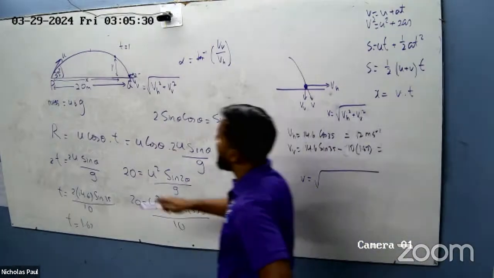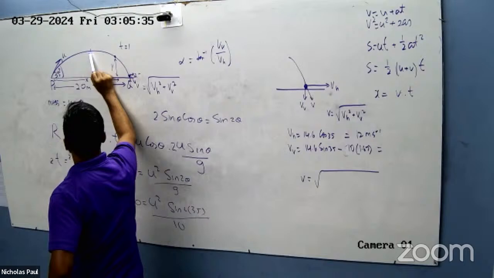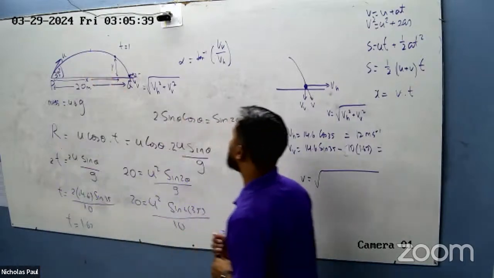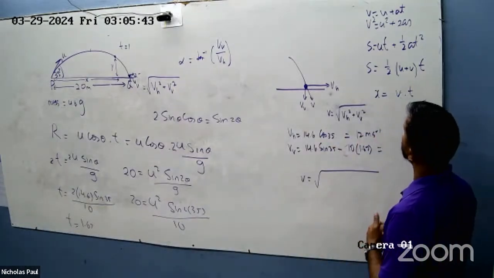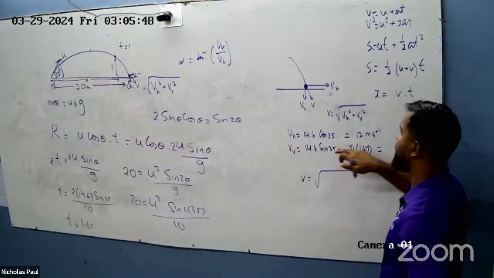The speed here will increase until it's 0, and then it begins to go down. So because it's going down, it's supposed to be plus.